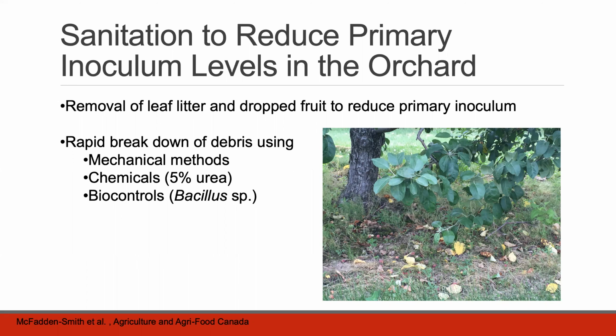Mechanical breakdown of leaf litter involves blowing the leaves from under the trees into the rows or alleys and then shredding with a flail mower. The application of 5% urea or of a biological control agent will encourage the growth of beneficial decaying microorganisms and thus increase the breakdown of the debris.